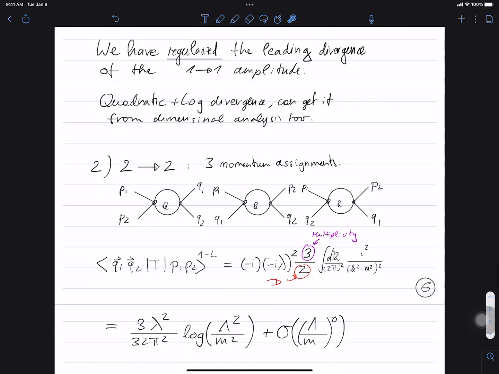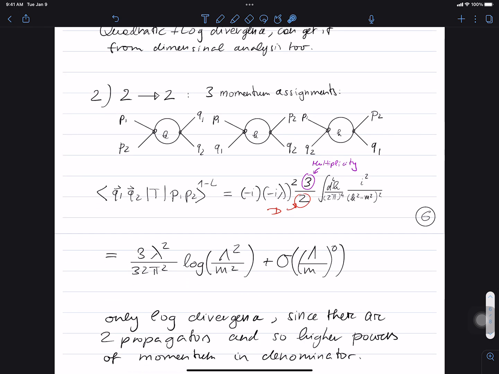Good. Now we are looking also at the 2 to 2 amplitude, and there are three possibilities in this diagram. At higher order, the leading order would be just a simple diagram like this with one lambda, but the next to leading order correction with lambda squared has one loop.